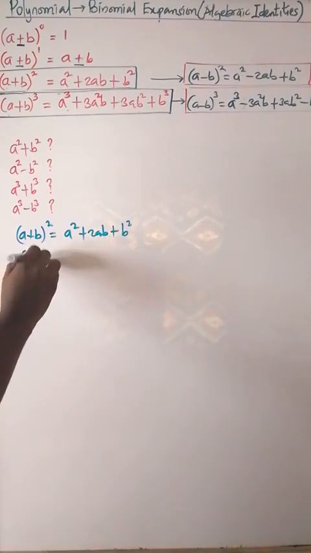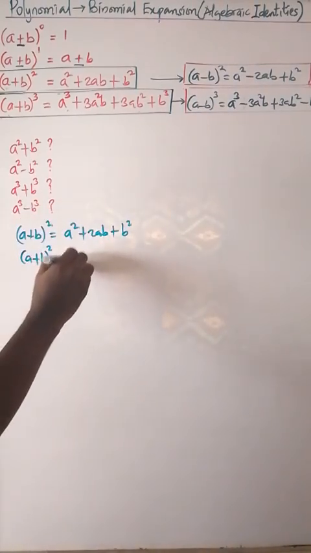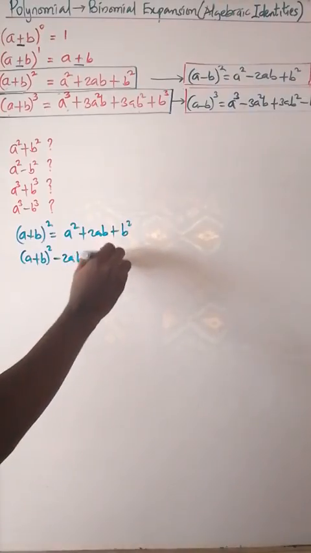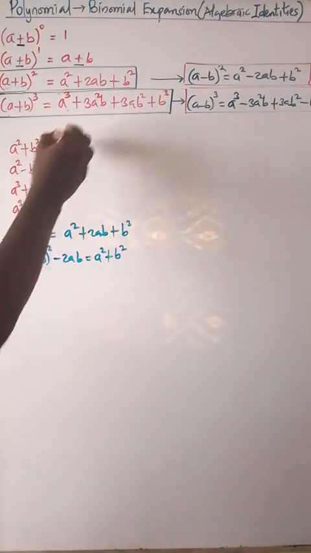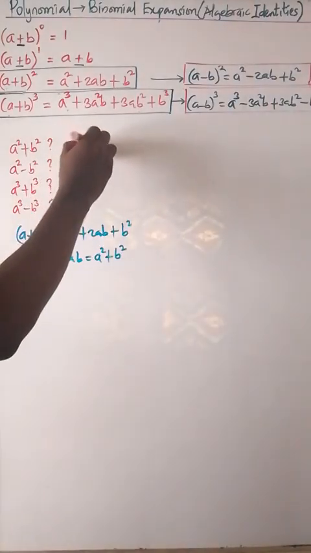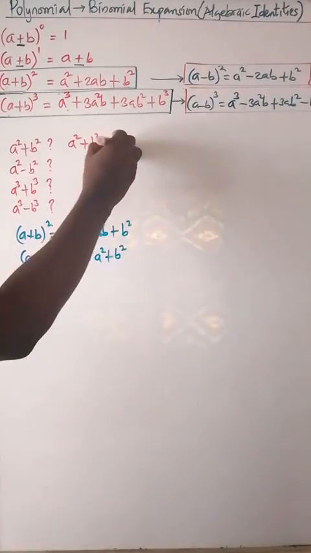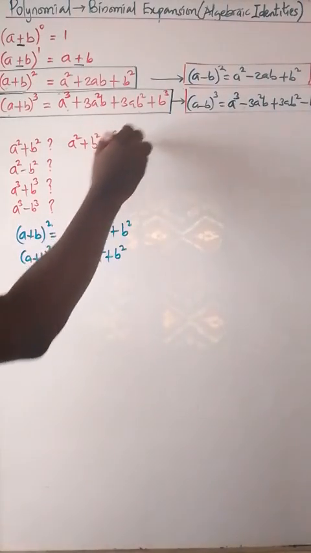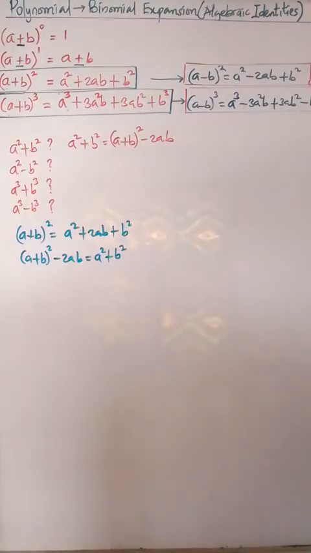So I'll be having (a + b) all squared, and this plus crosses and becomes minus 2ab. Then I still have a squared plus b squared. So simply from here we can say a squared plus b squared equals (a + b) all squared minus 2ab. Done.